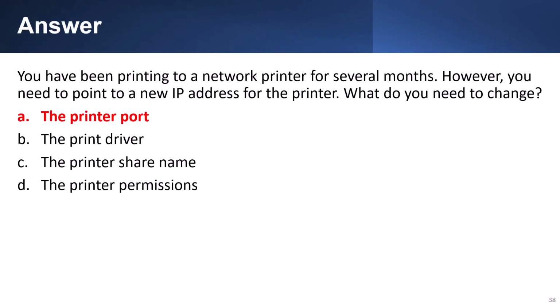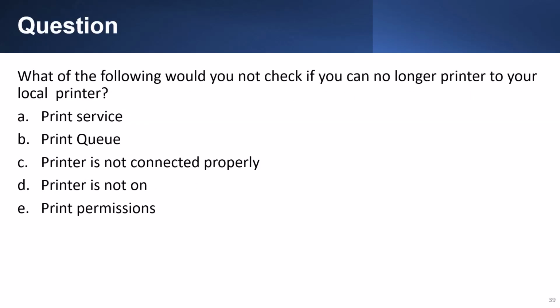Answer: the printer port. Question: Which of the following would you not check if you can no longer print to your local printer? Answer: print permissions.